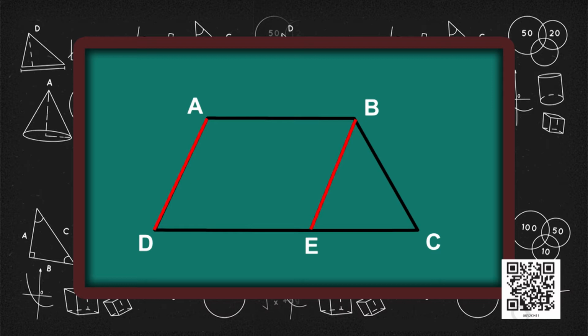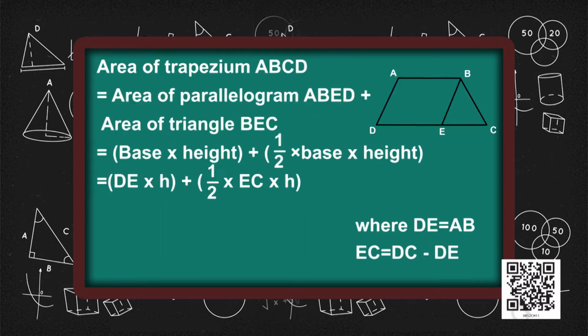So, this is a quadrilateral with both pairs of opposite sides parallel. Therefore, it is a parallelogram. Now, the area of trapezium ABCD is equal to area of parallelogram ABED plus area of triangle BEC.